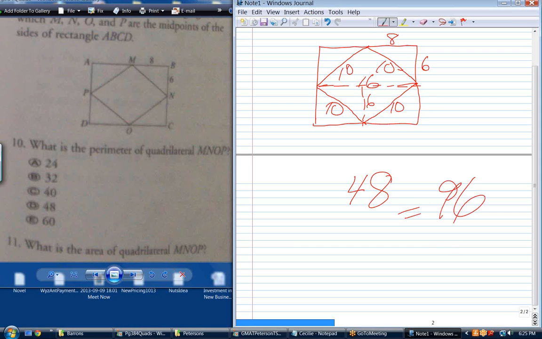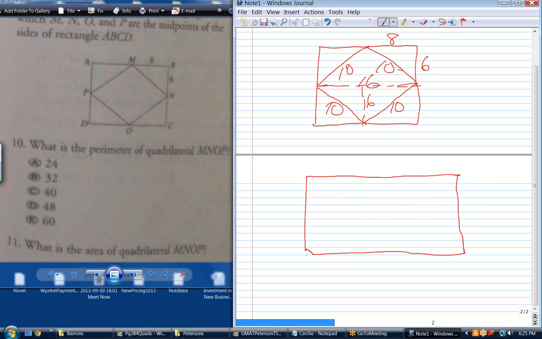Could you have not done that? Because when you just say 6 times 16, you get 96. That works also, and it's because the principle you're applying is the fact that if you take a rectangle and you put a triangle inside that rectangle, it's automatically half the area, no matter where it goes. In other words, each of these triangles is half the area of that rectangle, including this one.